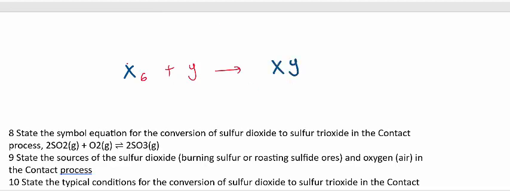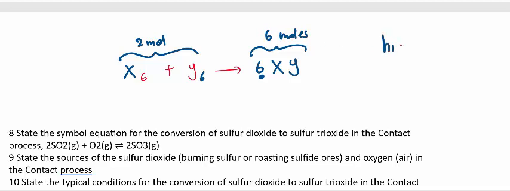X6 plus Y forms XY. Let's pretend the ratio is 6. Pretend, because there's no such thing in the world. This is the reactant. How many moles? 2 moles. The product, how many moles? 6.